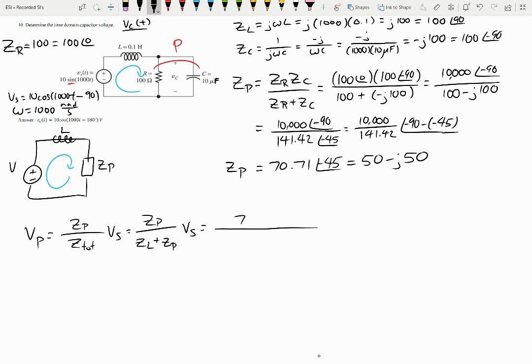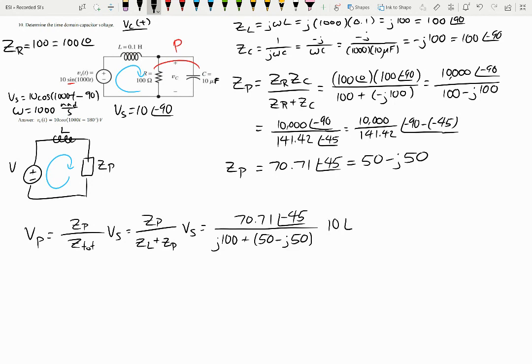Z parallel we said was 70.71 at an angle of negative 45 degrees. And on the bottom, Z of L is going to be j100 plus 50 minus j50. Our voltage source is going to equal 10 at angle negative 90.